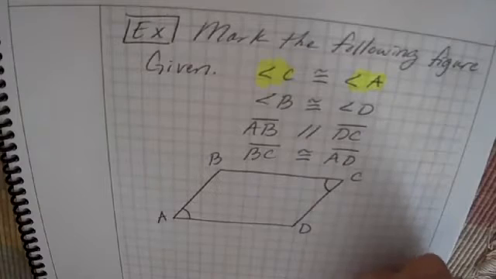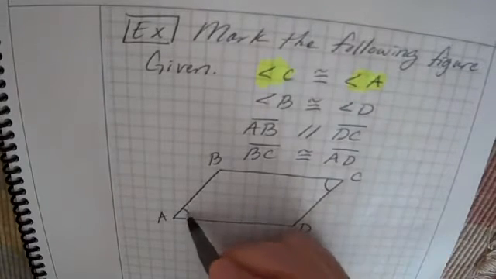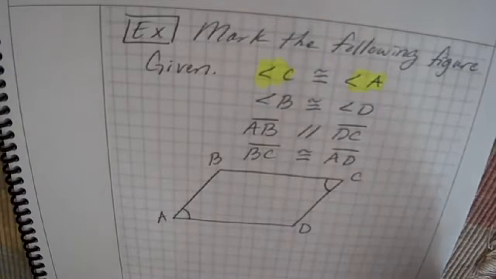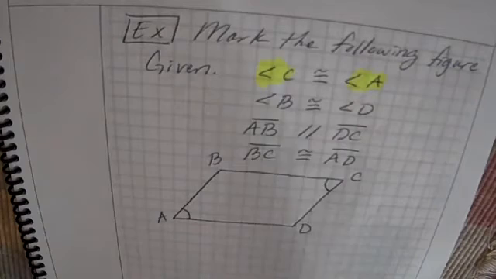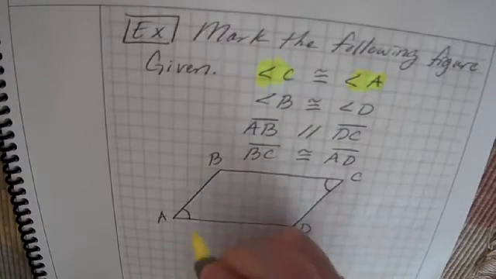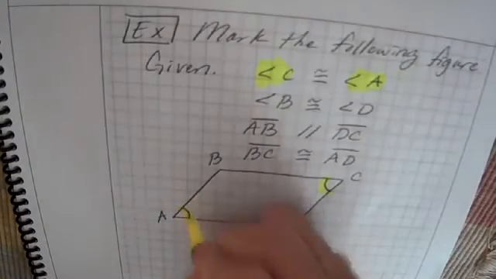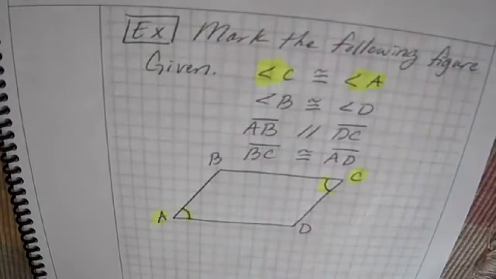That's fine. It's just your own personal style of notation, but they have to look the same. So A has one swoop, C has one swoop, so I know that A and C are congruent or equal to one another, okay? And I'm going to highlight this as well with the yellow, just to make it clear that up here, it's talking about that piece there.